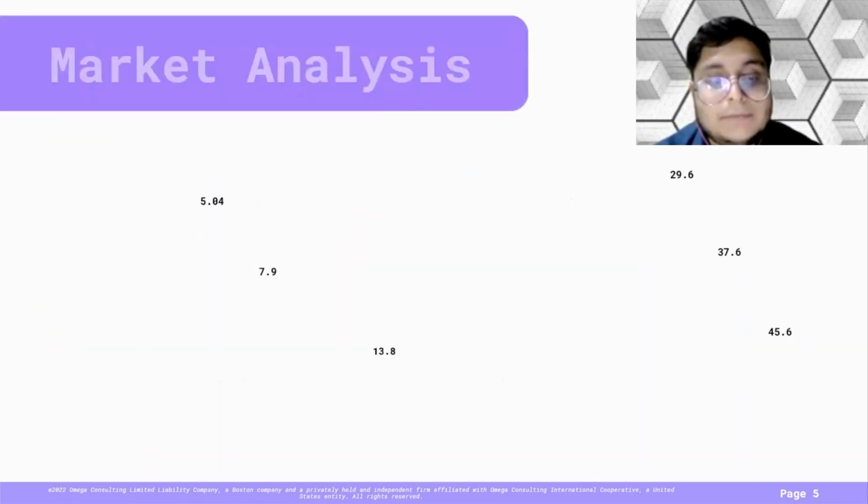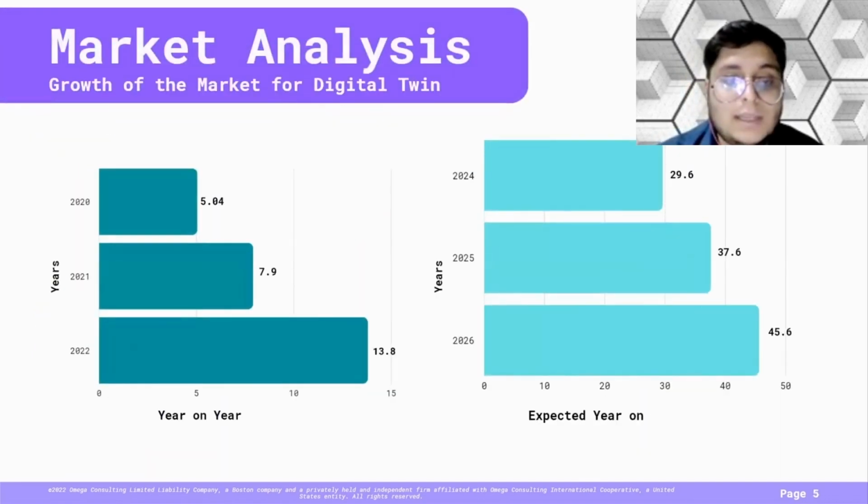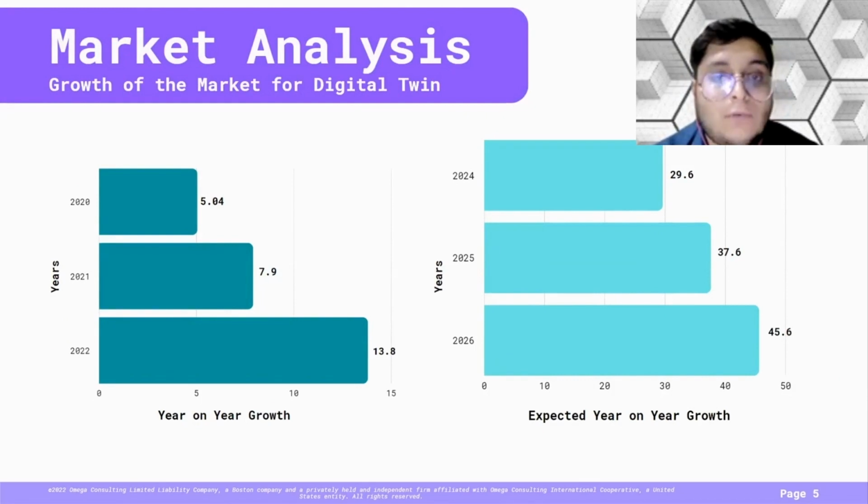Now, let's see the market analysis or the growth of the market for digital twin. The global digital twin demand size was valued at 5.04 billion in 2020. It's expected to expand at a CAGR, that is the compound annual growth rate, of 45.56 billion from 2021 to 26.